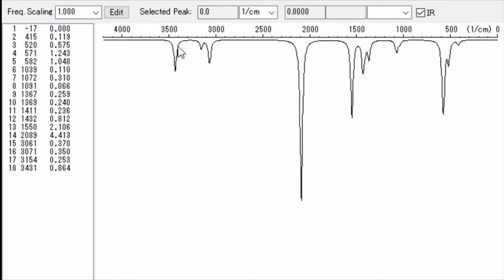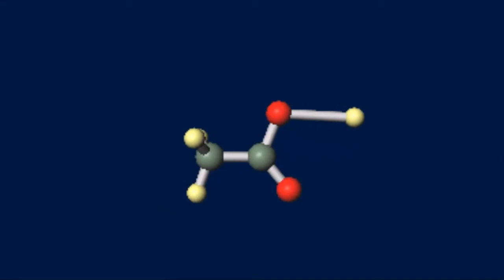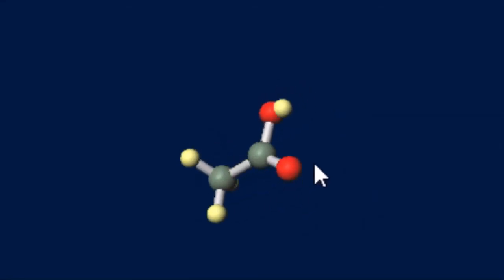Let us see, this is OH stretching. Can you see here? This should be acetic acid. This should be very broad as expected.